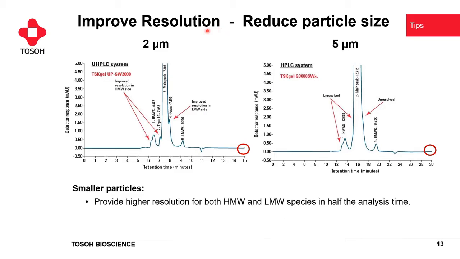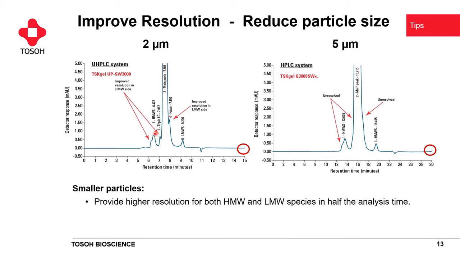And this is what the difference in 2 micron particles and 5 micron particles in the separation of a monoclonal antibody looks like. What we see is, on the one hand, that we see more with the smaller particle size.